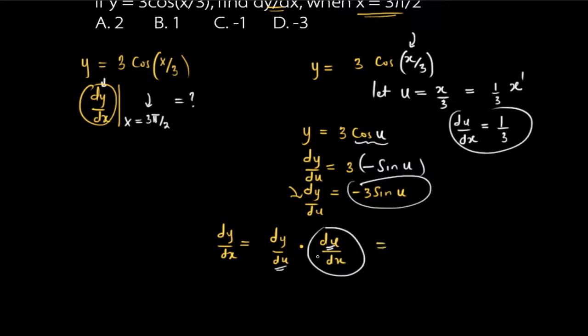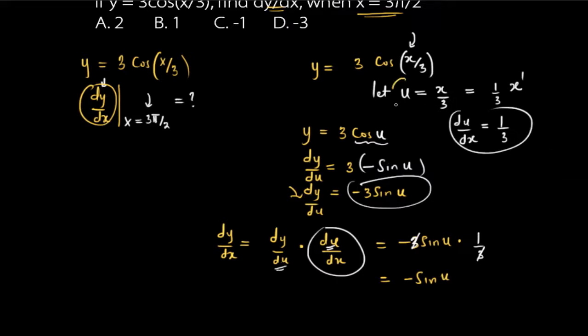So dy/dx is -3 sine of u multiplied by 1 all over 3. The 3 here crosses this 3, so we are left with negative sine of u.